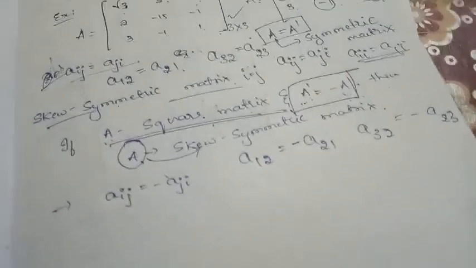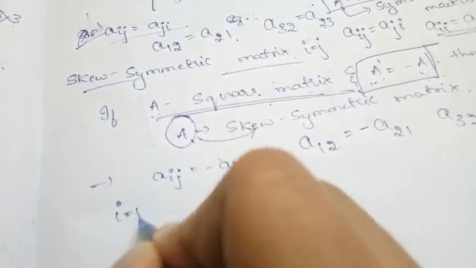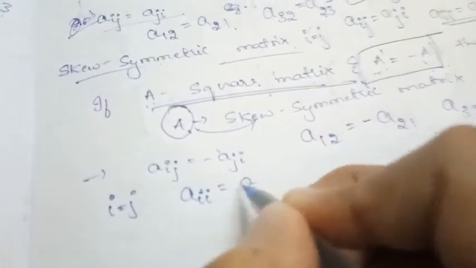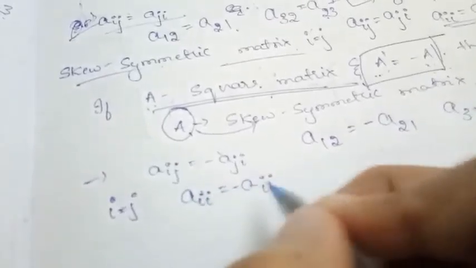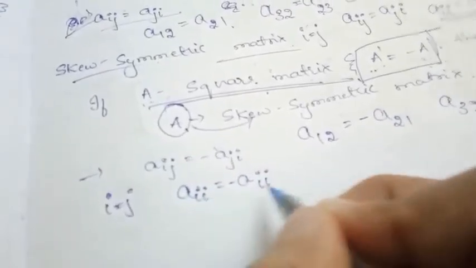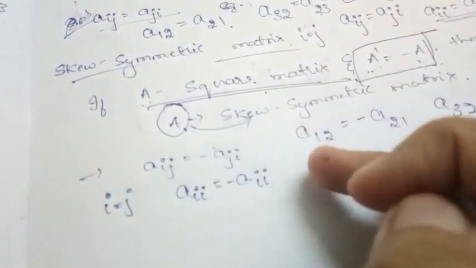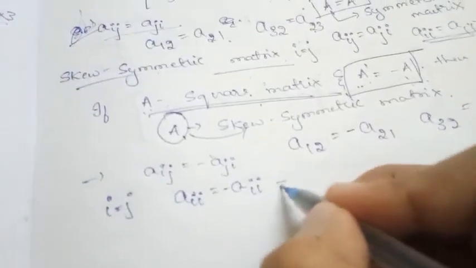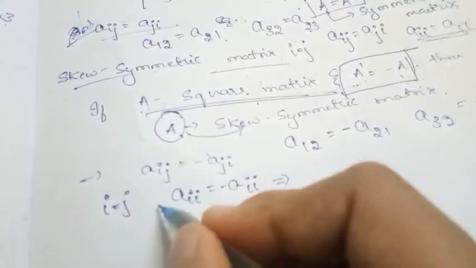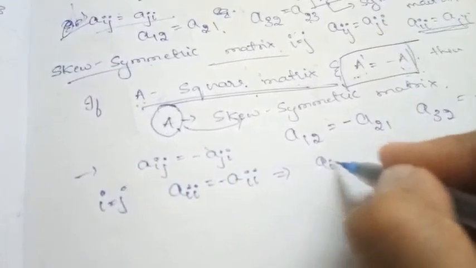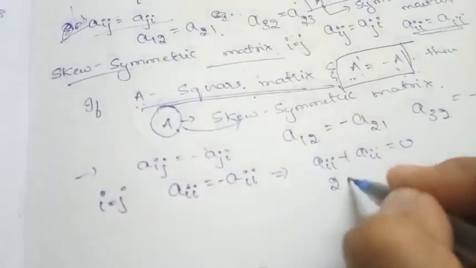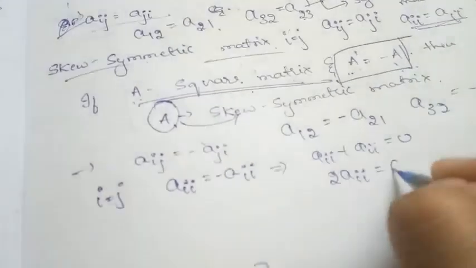negative of the element. So if I take here i is equal to j, at that time what happens? Aii is equal to minus Aii, which is nothing but our diagonal elements. You can see here Aii means it is nothing but A11, A22, A33, which are our diagonal elements. So this implies what? If I take this one to the LHS, it becomes Aii plus Aii is equal to 0, which is nothing but 2 times Aii is equal to 0.